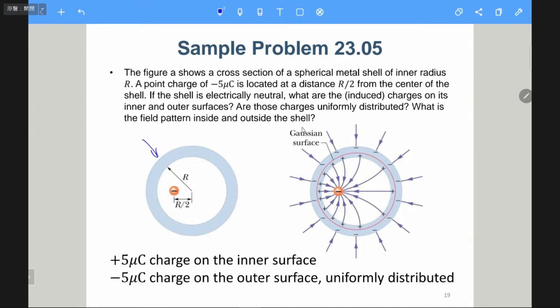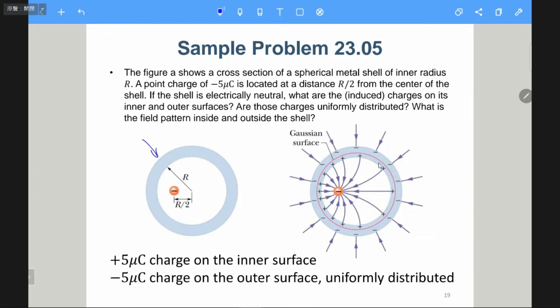So it's like we have a charge here, and it is a conductor. So the charges inside it are free to move. And of course, the total charge on this sphere will be zero. But we also know that the E field inside the conductor should be zero.